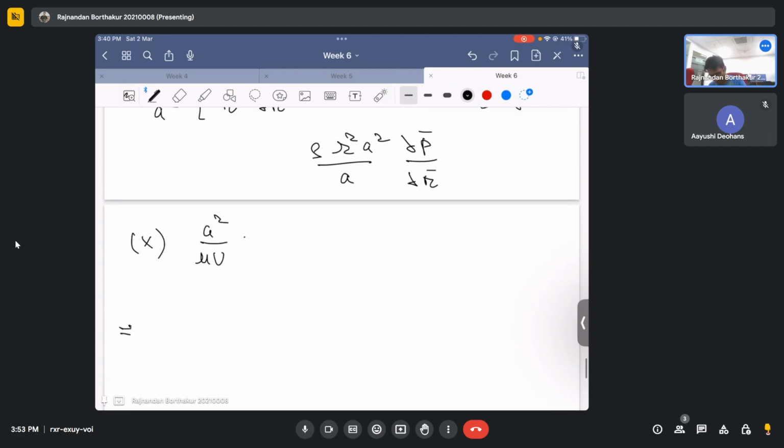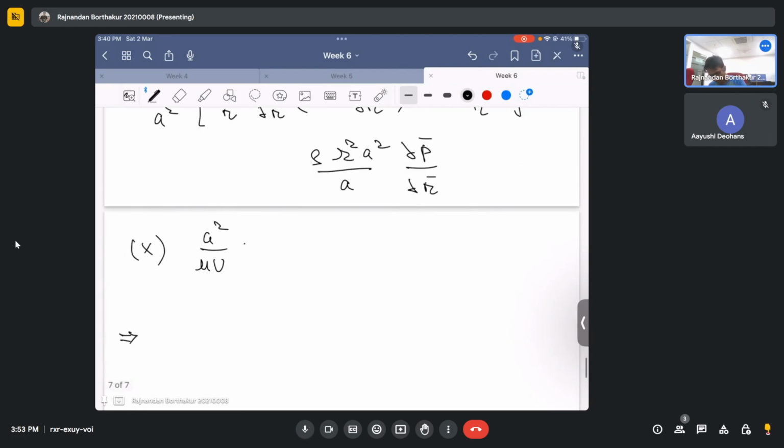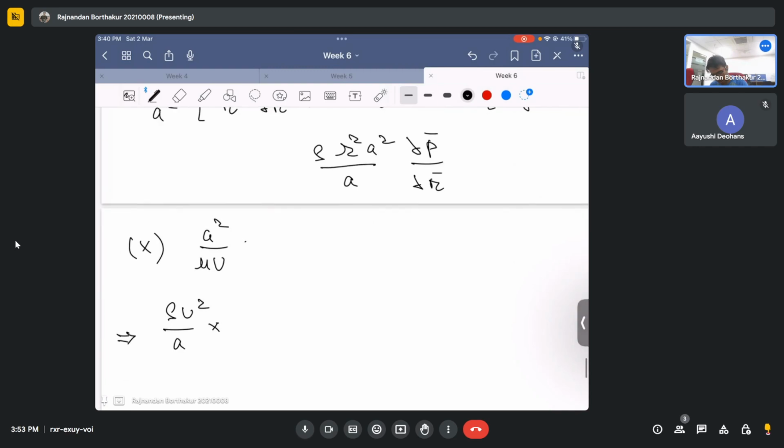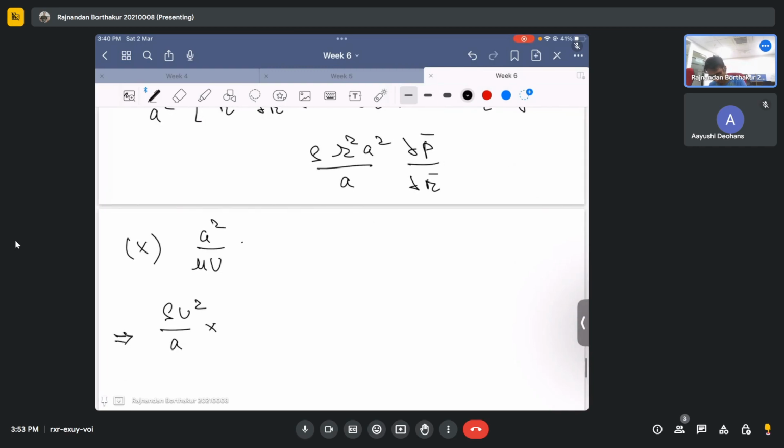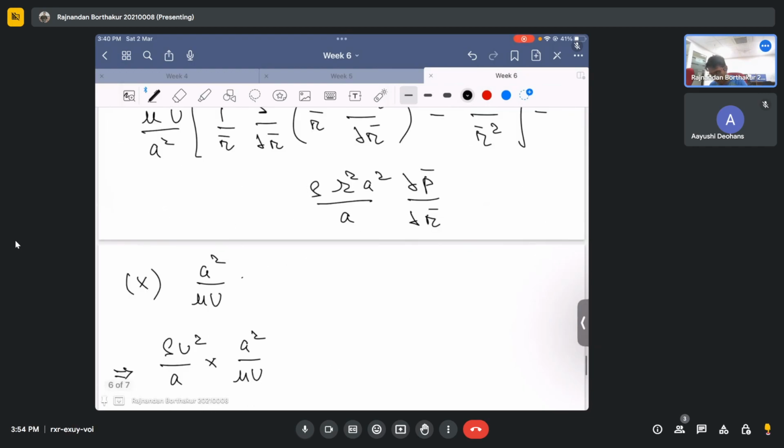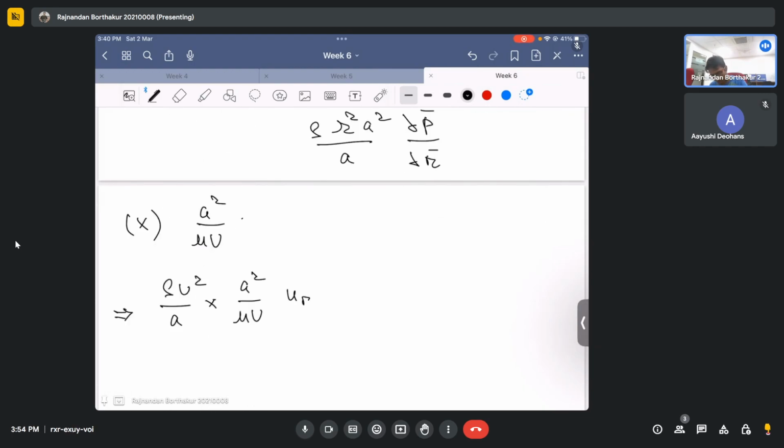So we get rho u squared by a times a squared by mu u into this term. So it becomes u r bar del u r bar by del r bar.